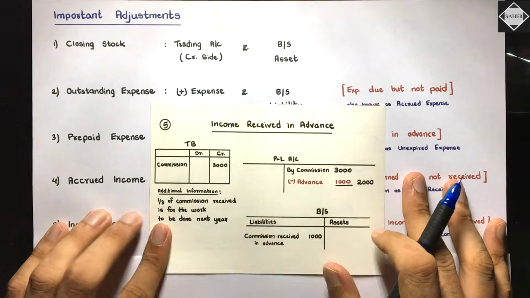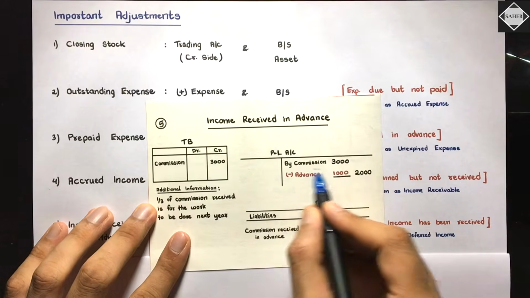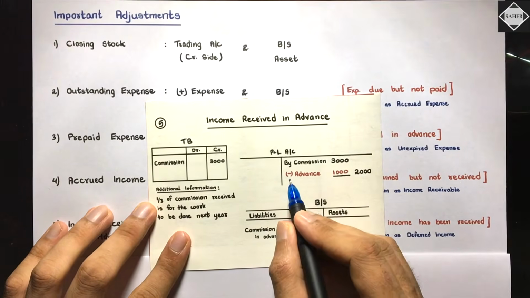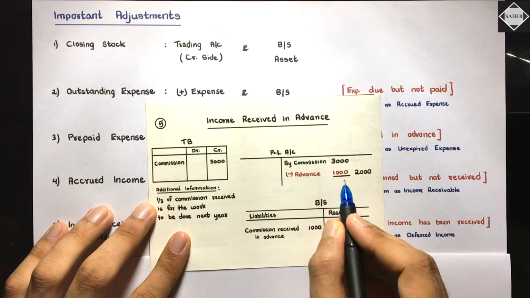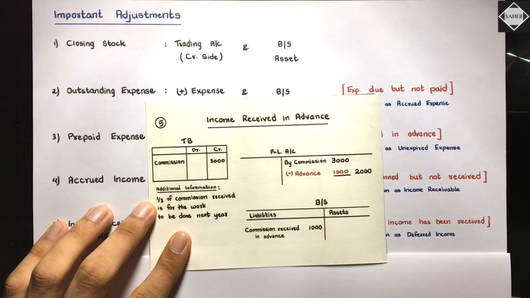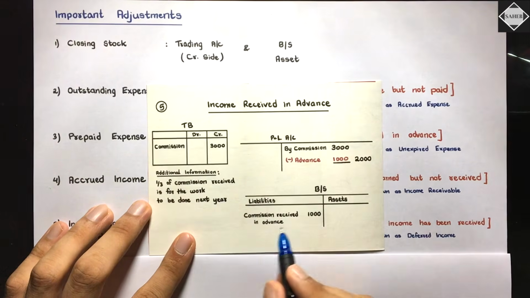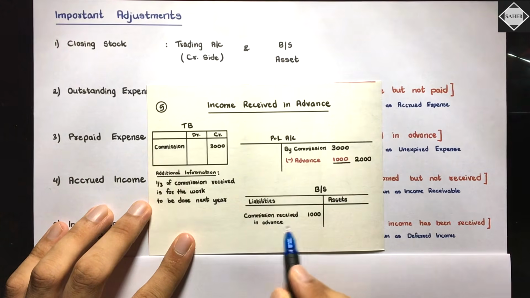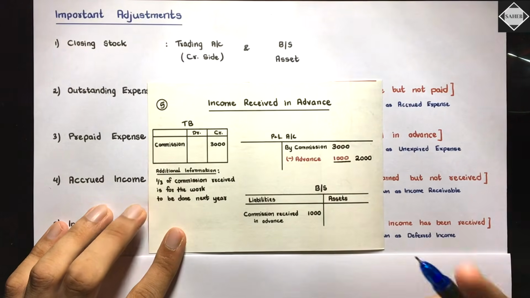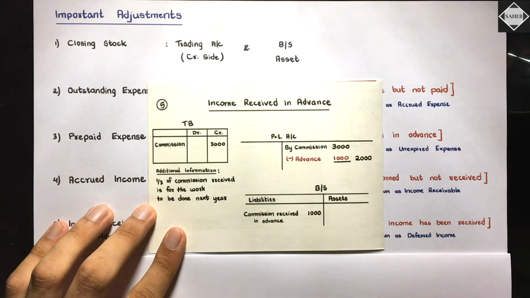The trial balance commission income will go in P&L on the credit side, commission 3,000 in the inner column. Then you will subtract commission received in advance 1,000. So 2,000 is the correct commission income. And then in the balance sheet you will recognize a liability, commission received in advance 1,000. You understood the logic now? Because we have not done the work, how can we say that 1,000 is our income?